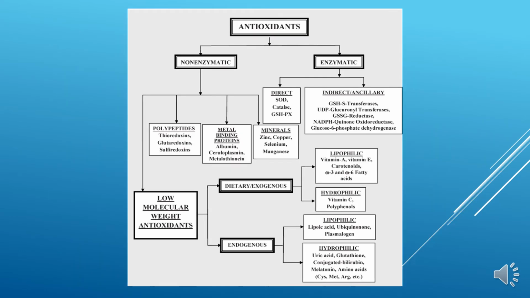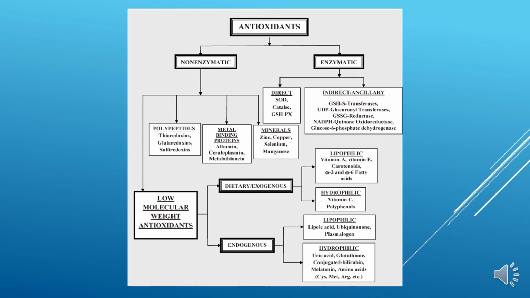Antioxidants are of two types. One is enzymatic, one is non-enzymatic. Non-enzymatic is further divided into four parts. Low molecular weight antioxidants like dietary, exogenous and endogenous. Endogenous are lipophilic and hydrophilic, like uric acid, glutathione.